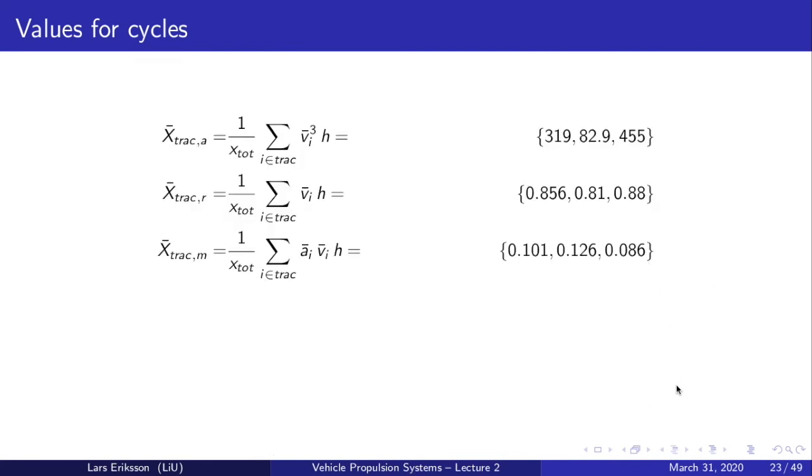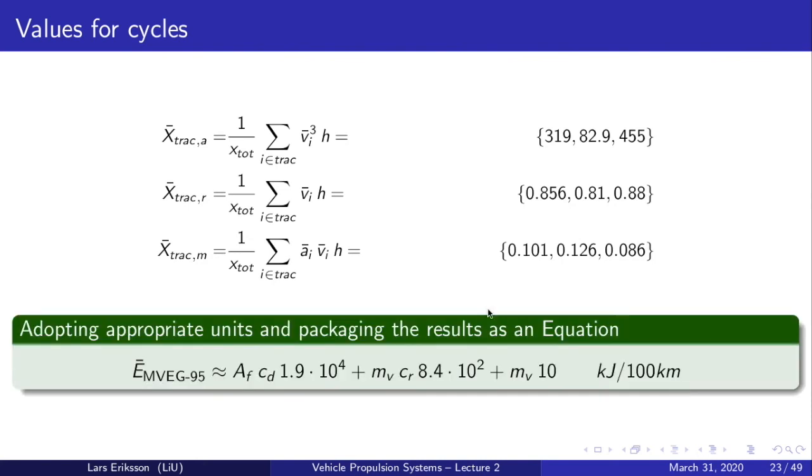These numbers for a given cycle can be put into an equation by adopting the appropriate units and packaging the results, so we can collect the coefficients for the design parameters: cross-section area, the drag coefficient. So this is aerodynamic design. We have here rolling resistance design, and here we have vehicle weight related to the acceleration, deceleration.